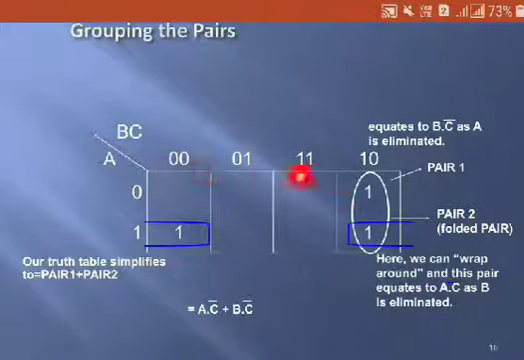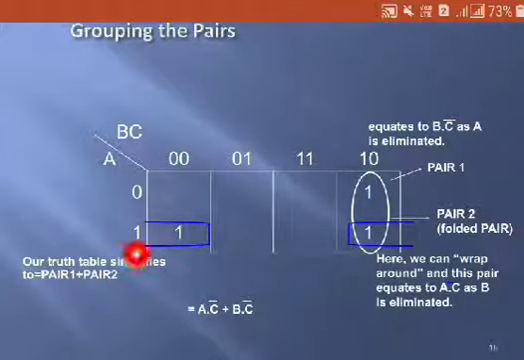For B, here it is B bar and here it is B, so B bar and B get cancelled, and the leftover term is C bar. Here you are getting A. So A C bar is the expression corresponding to pair 2.